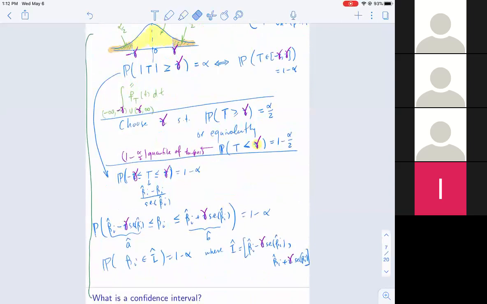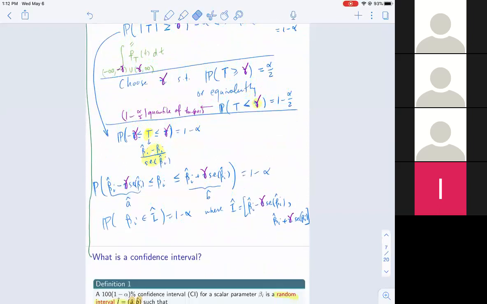And then you replace T with the expression that we have here, and after some algebra, you end up with your confidence interval. So the probability that beta i belongs to that random interval. You can see the key is that beta i lies in this random interval. So you're not building a confidence interval for beta hat i, you're building the confidence interval for beta i, but based on beta hat i.